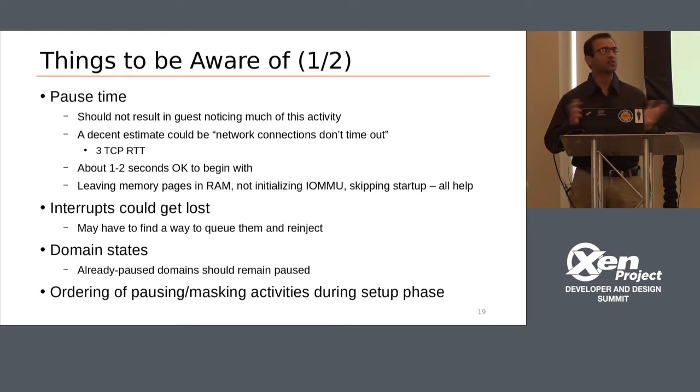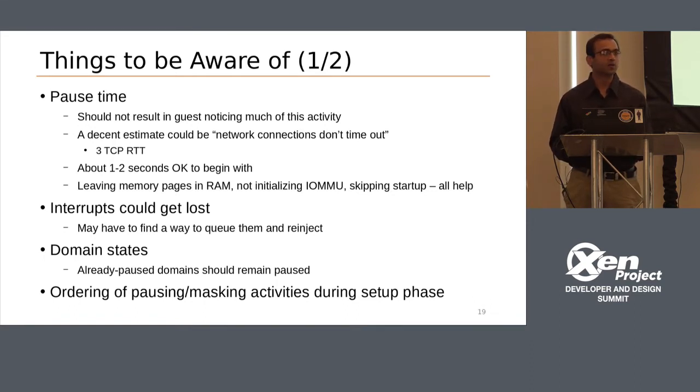Skipping a whole bunch of startup in the target Xen, and not touching memory areas and so on, helps with lowering the time it takes for a new Xen to come up and go about doing its work. While the domains are paused, while the Xen transfer activity is happening, interrupts from devices could get lost.